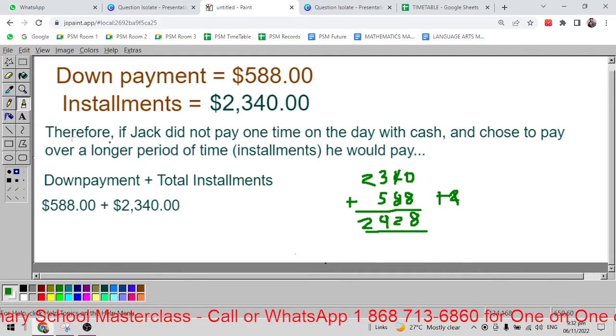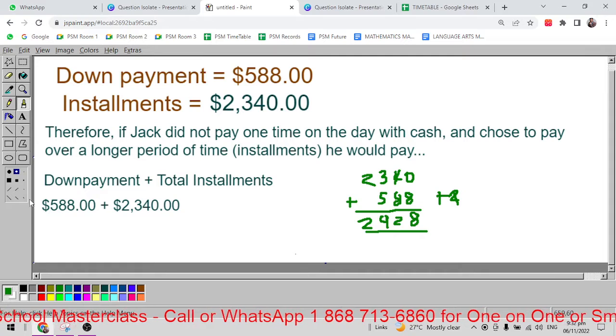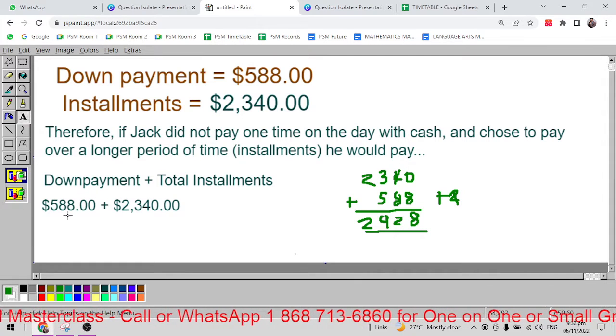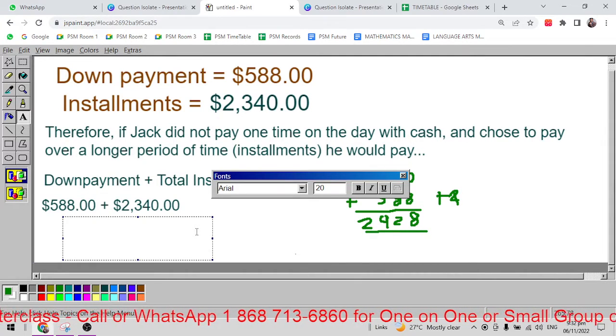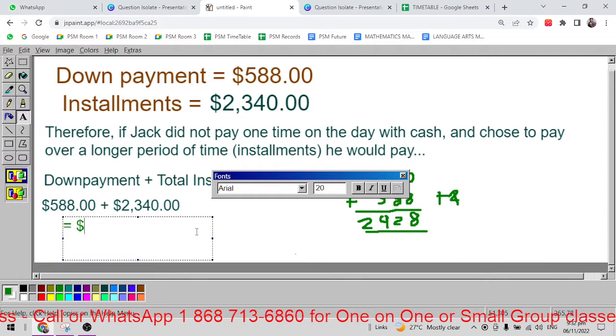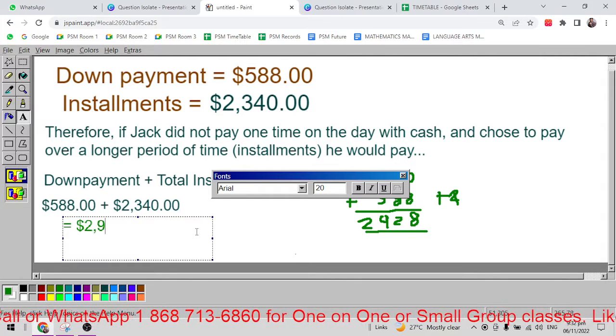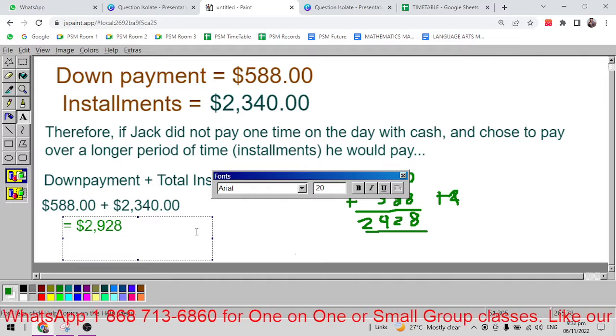So therefore, if Jack didn't pay on one day and paid over a longer period of time, he would need to pay $2,928.